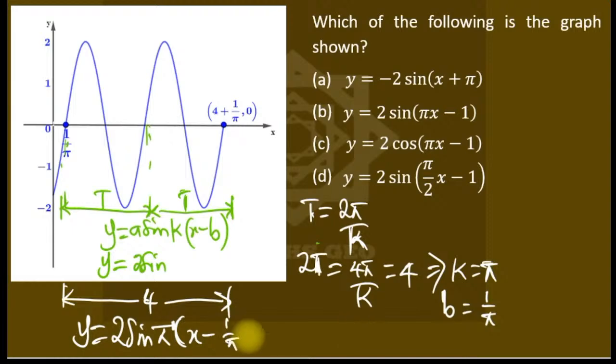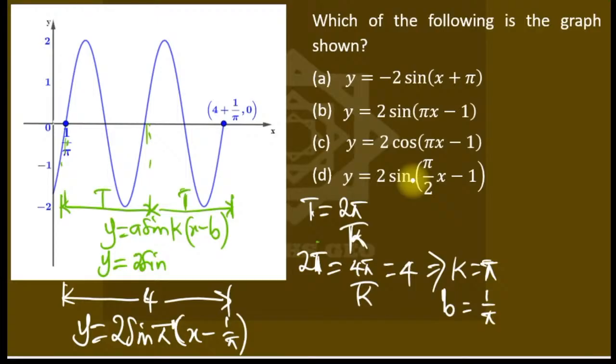Opening up, pi times x is pi x, and pi times 1 over pi is 1. So the answer is y equal to 2 sine bracket pi x minus 1. So our answer is option B.